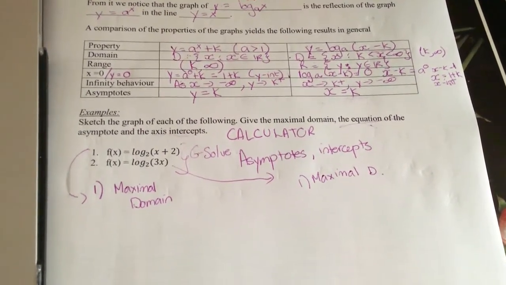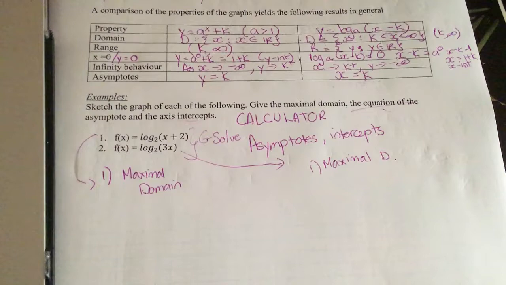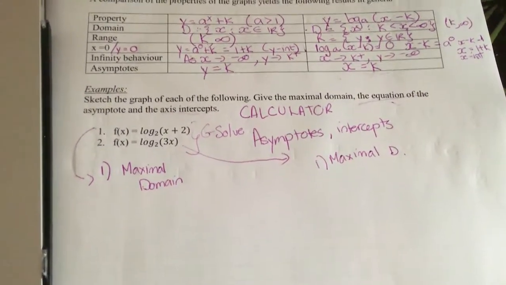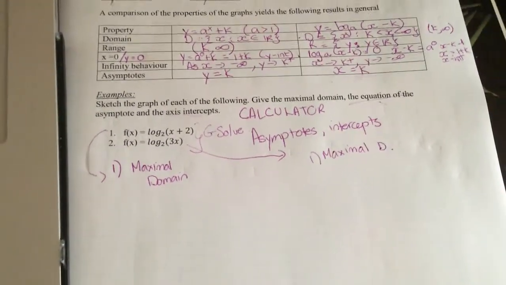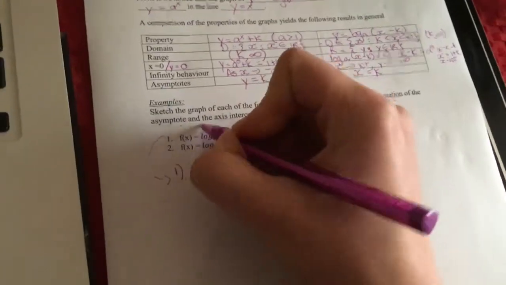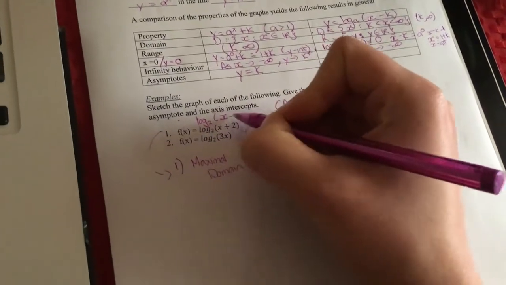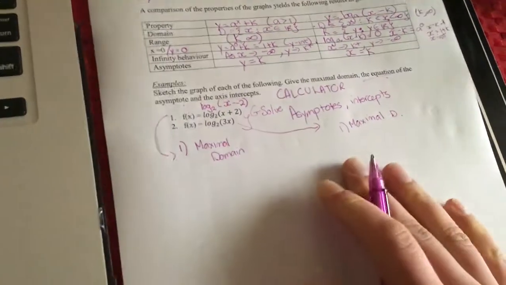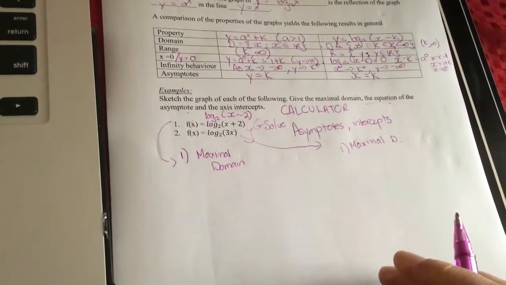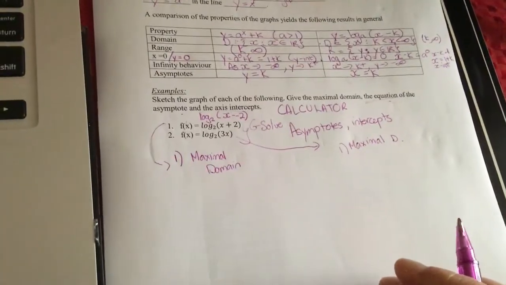First, is that in the form x take k? No, it's not, because it's x plus a number. So it might help you to rewrite this one as log base 2 of x take negative 2. Then it is in the form x take k, and you can just read off things.